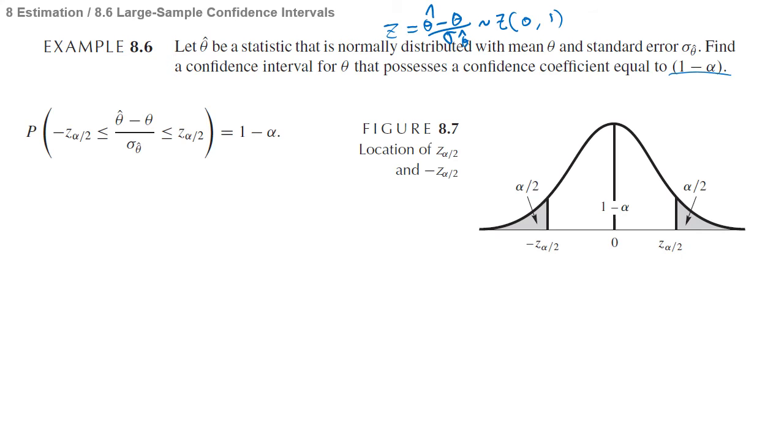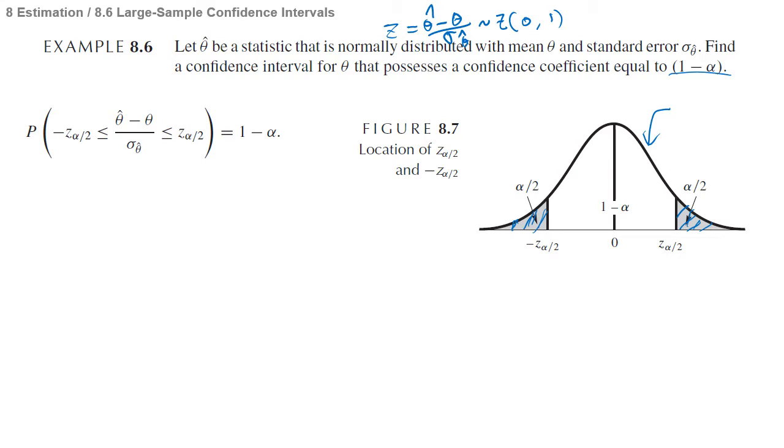And so we can use probabilistic inference. The value z follows this standard normal distribution, and let's say the probability of this part is alpha over 2, and the probability of this part is again alpha over 2. So if we decide to make a two-sided confidence interval, let's put the tail probability equally on each side.